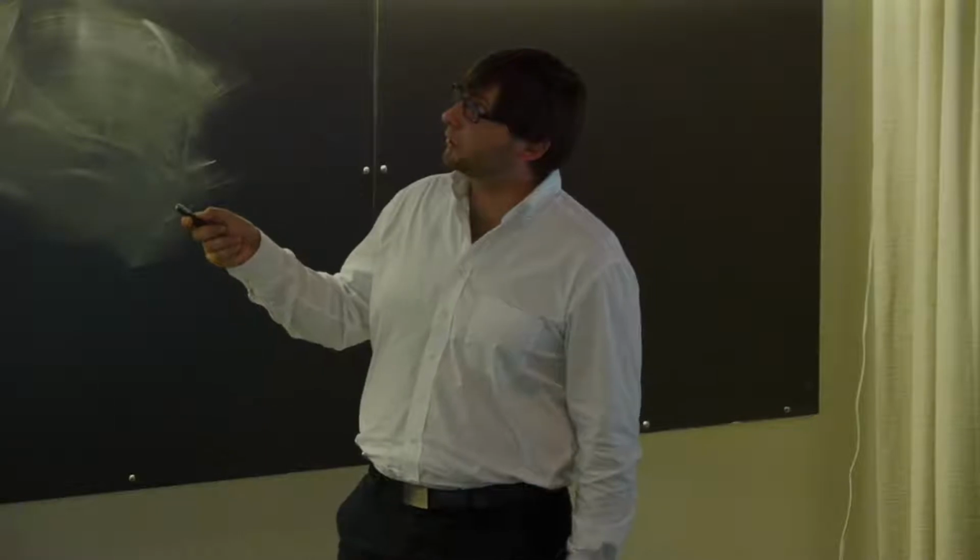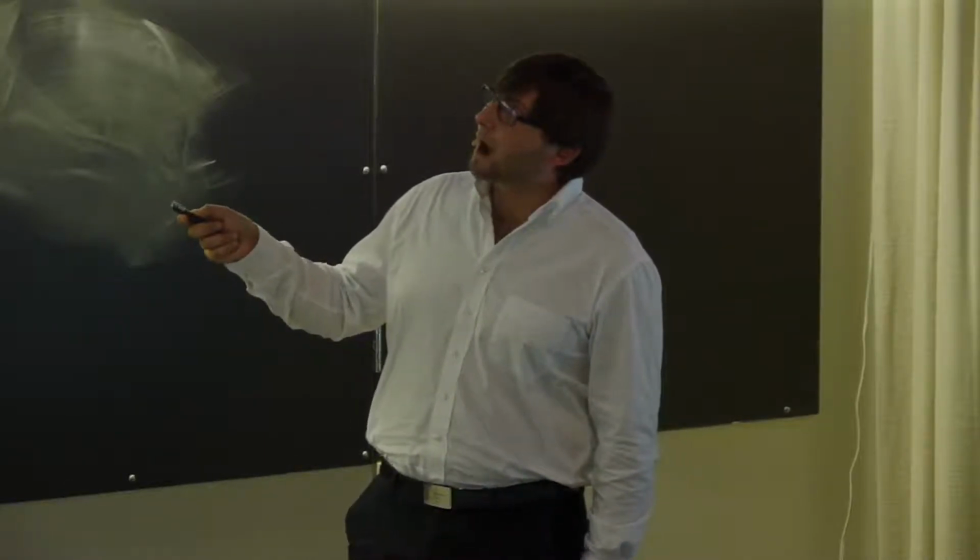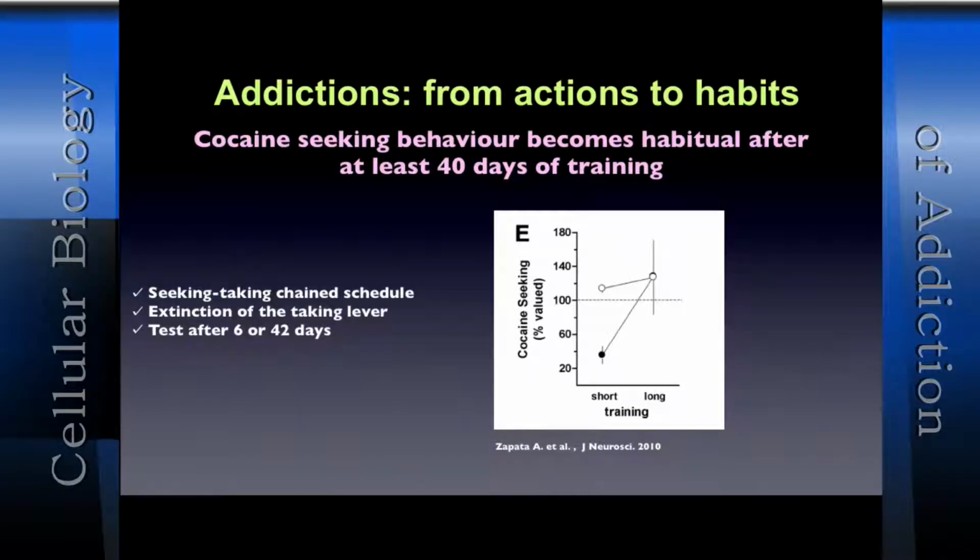And they showed that after 15 days of training, rats are highly sensitive to the extension of the lever, and after 40 days, they are absolutely habitual. They don't care whether you give them the drug or not. They press. What's interesting is that I've been running, I think, 10 studies like this right now.